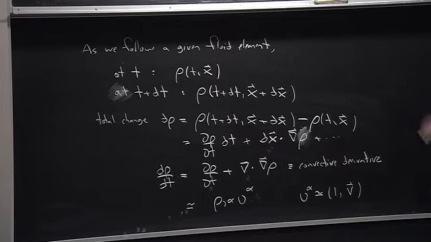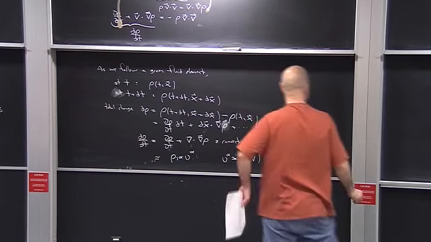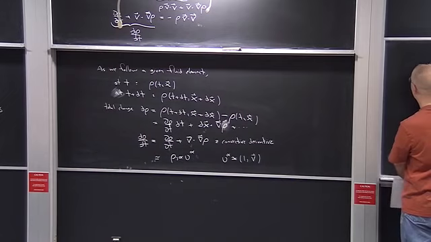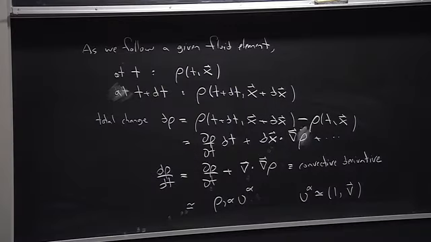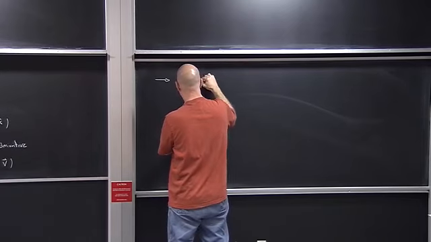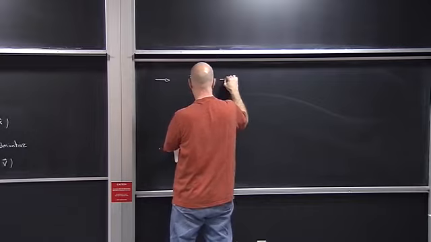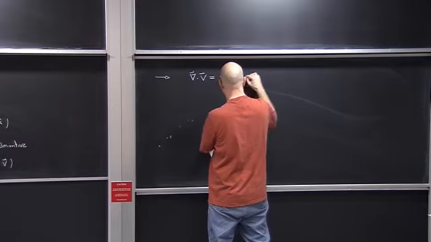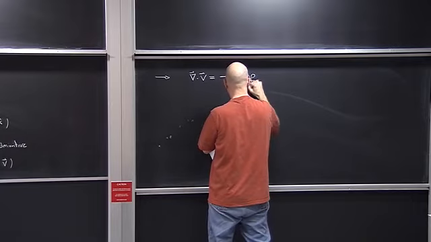Okay, so now we're back here, and we see what's going on. We have the result that the quantity over here, which I was interested in, is minus 1 over rho d rho dt.